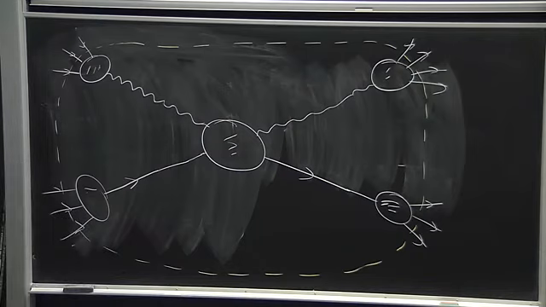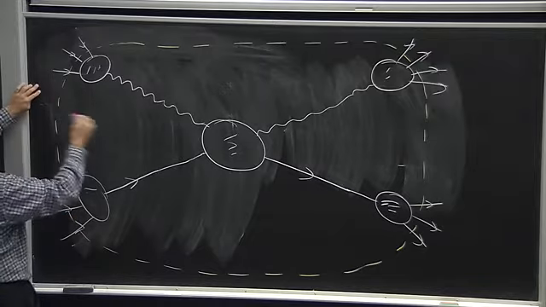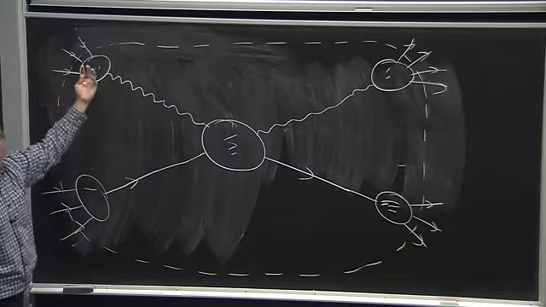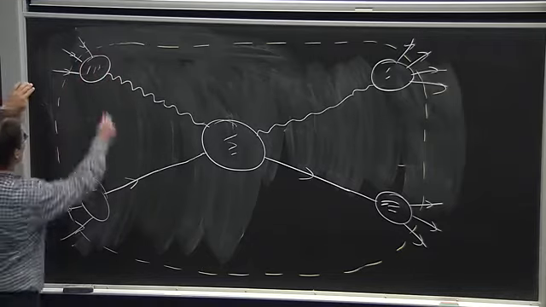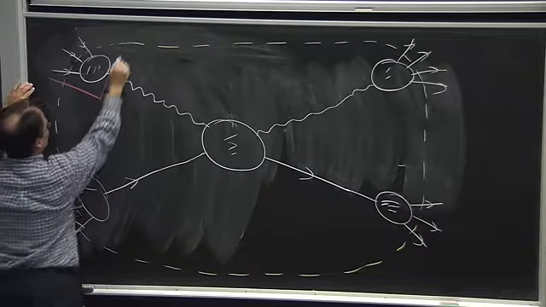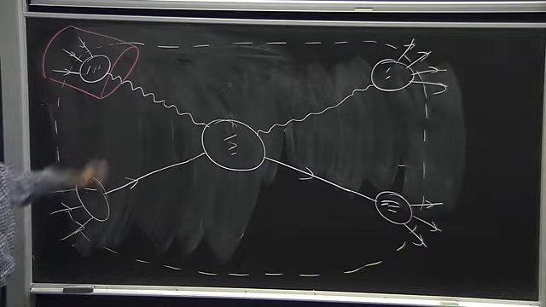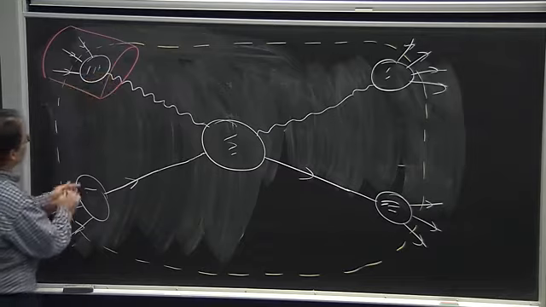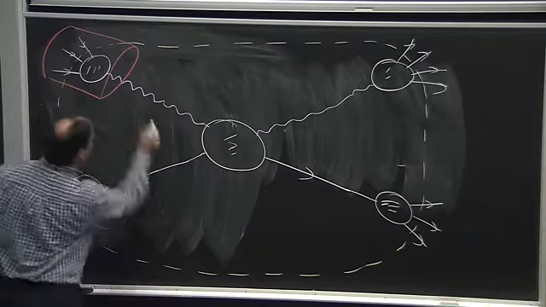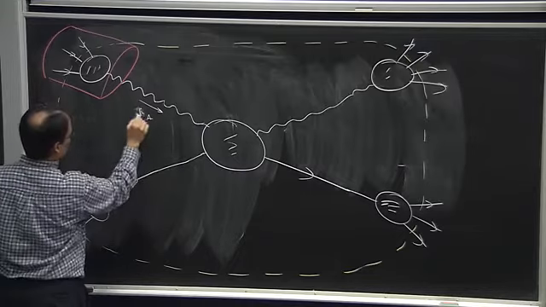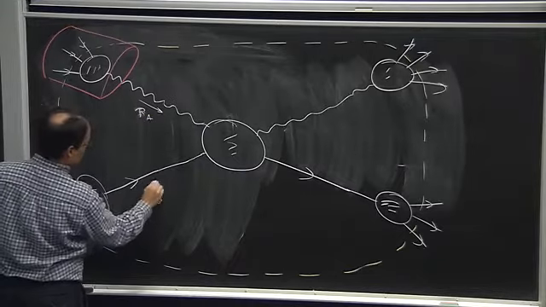Now, why do I want to think about this? Well, as last time, when we discussed something like this, remember, what were these guys in our thought experiment? These were the part of the experiment that produces the beams, one of the beams going in with some momentum PA.